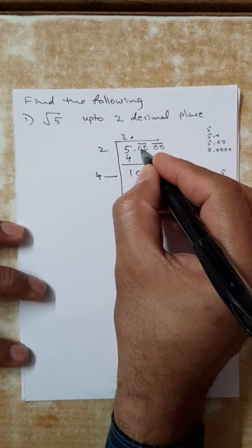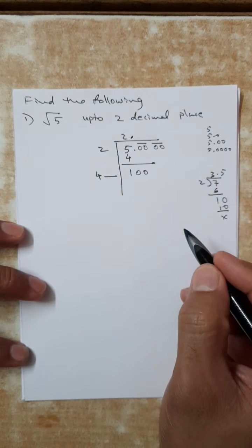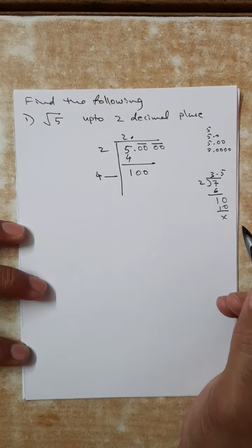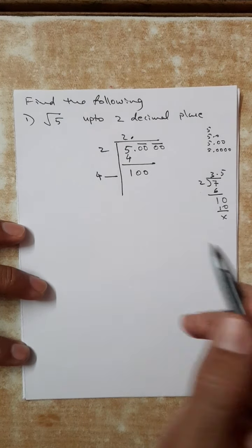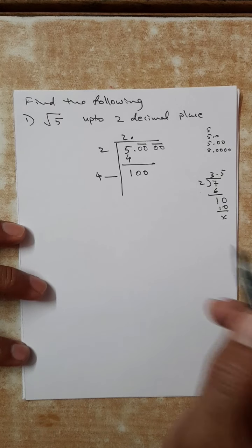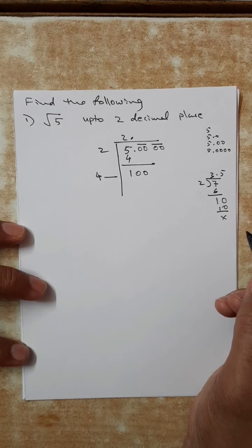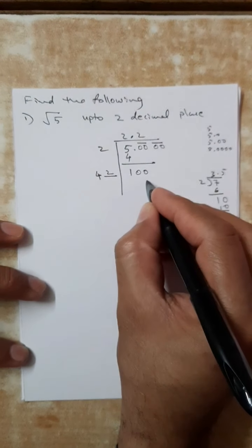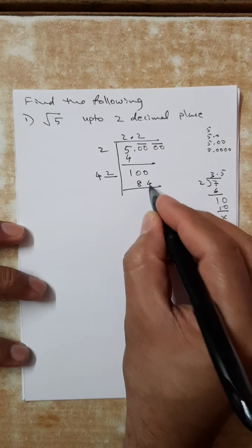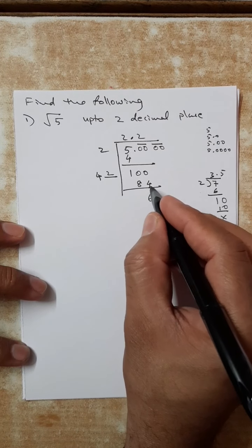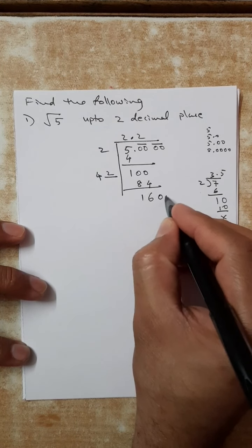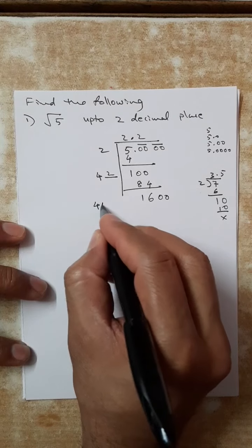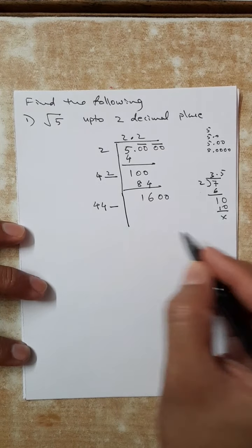We are bringing the group from the decimal area. What to do? Double of 2 is 4. What to write here? 42 into 2, 43 into 3. 2 will go. 42 into 2. Subtraction. 0 0. 22 double 44. Dash also.